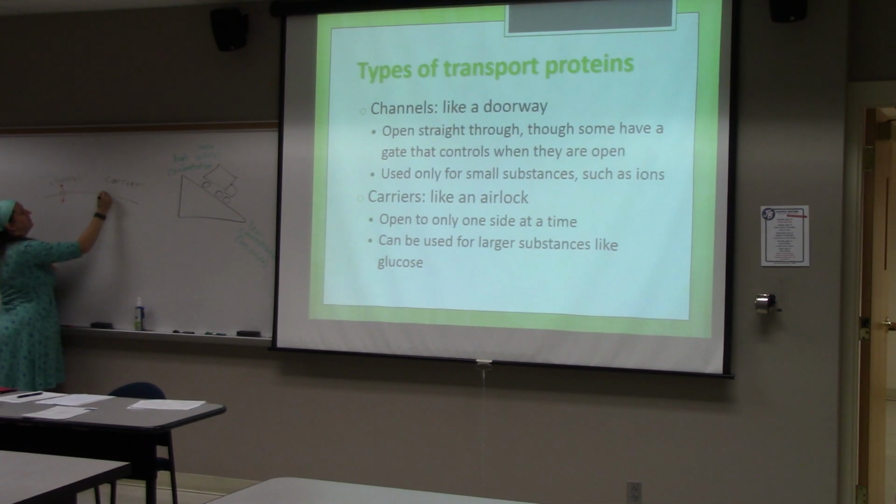A carrier has two positions, open to the outside and open to the inside. It's never open to both sides at once. So it's more like an airlock than an open door. The substance goes in and sits in the carrier, and then it shifts and lets the substance out on the other side.